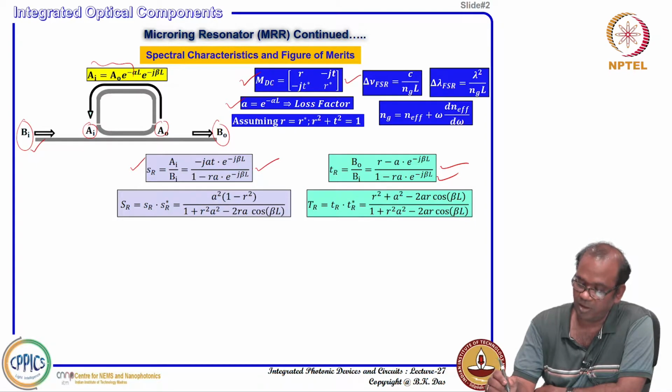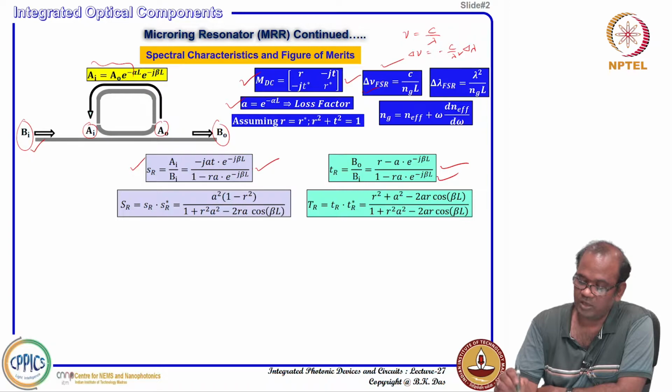And then we have also derived these two things, delta nu FSR, the so-called free spectral range. We will discuss that a little while later, that is nothing but C over NgL, where Ng is the group index, and that can be converted into delta lambda FSR, because we know nu and lambda are related. So, delta nu can be written as minus C by lambda square delta lambda.